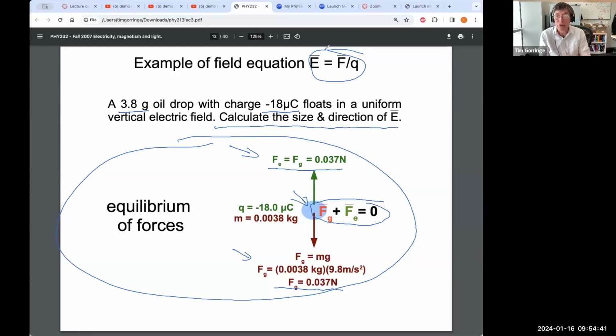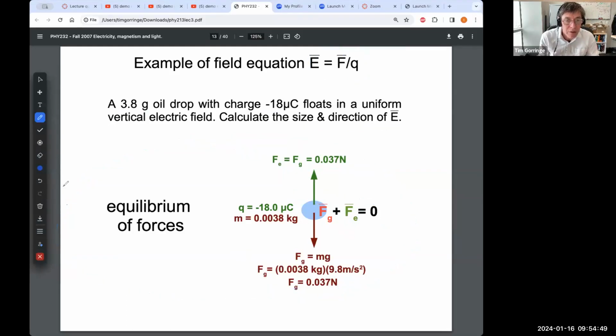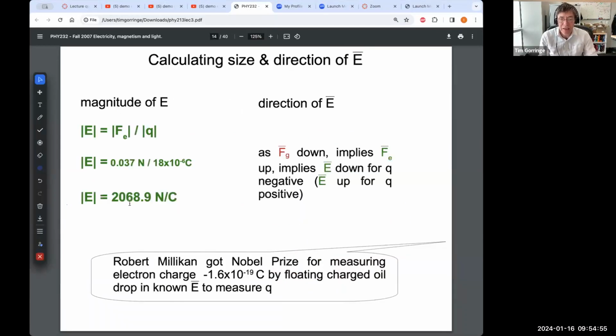And so we can use the field equation to actually figure out the field. And that's the next slide. That's this slide here.